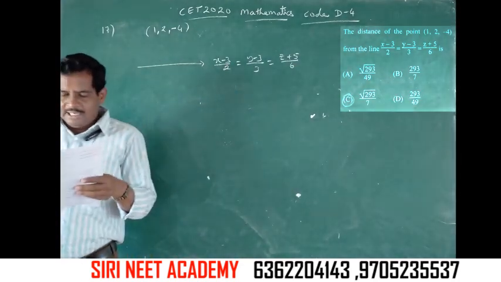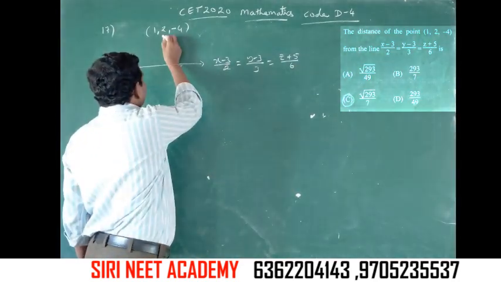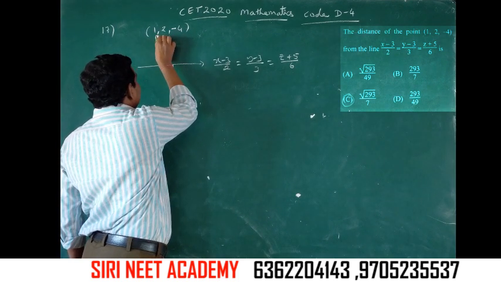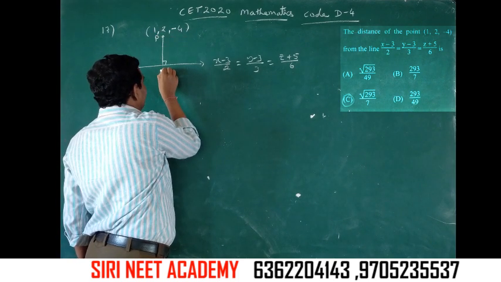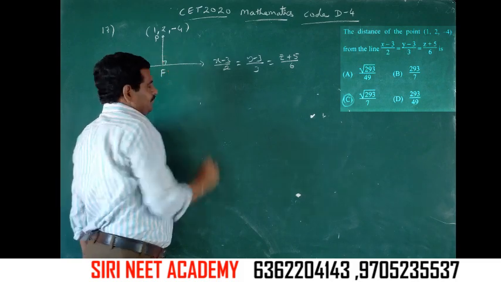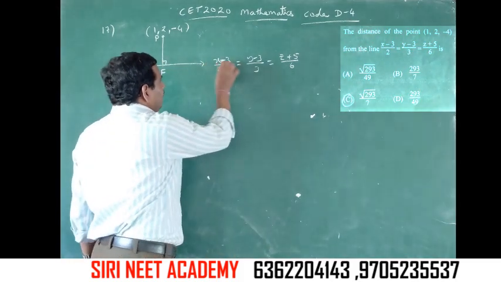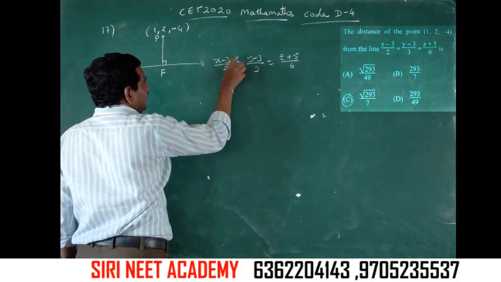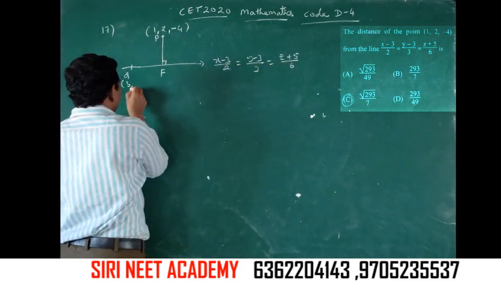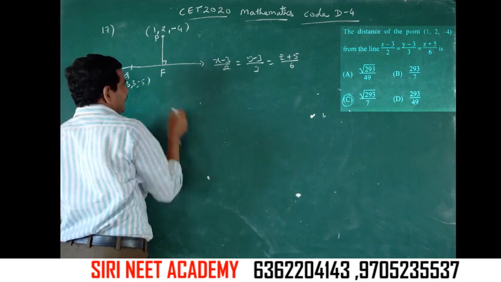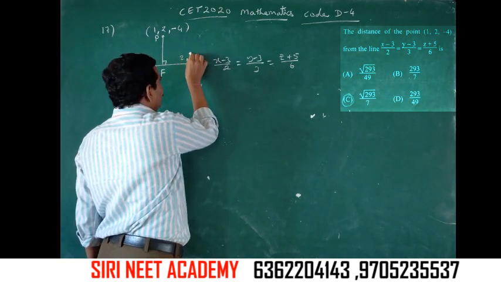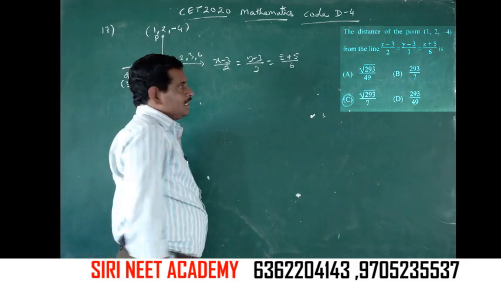We want the distance of the point from this line. Suppose the point is P, and this is its foot F. We want PF. A point on the line is 3 comma 3 comma minus 5. Its direction ratios are 2, 3, 6.